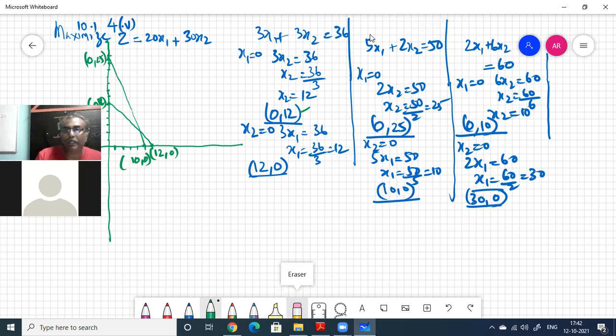Now what you have to do, third line, 0, 10. 2, 4, 6, 8, 10. So this is 0, 10.